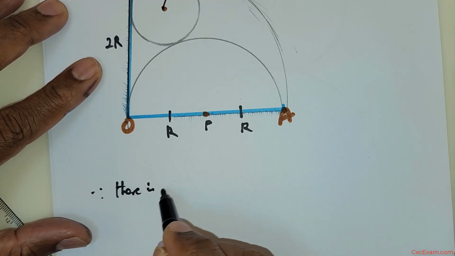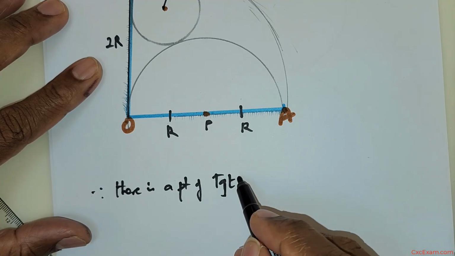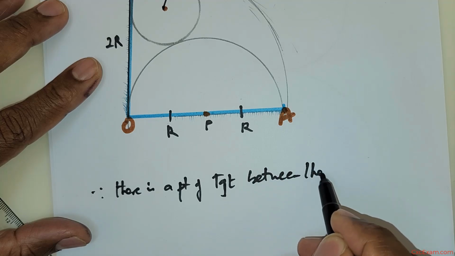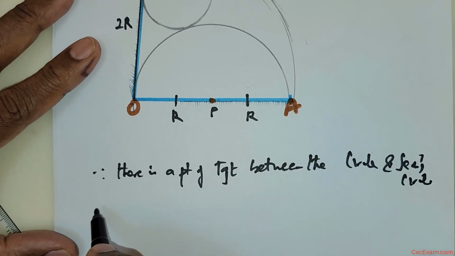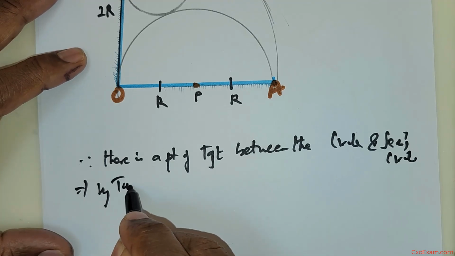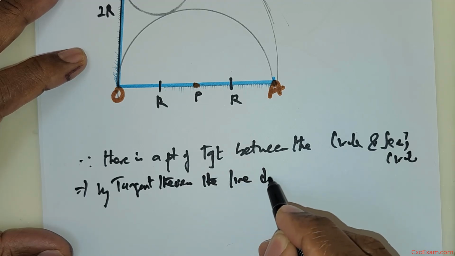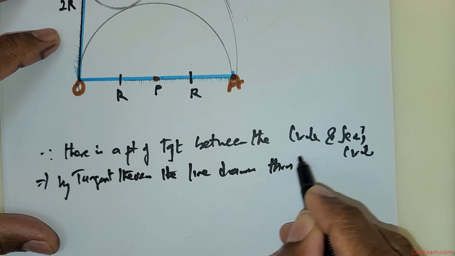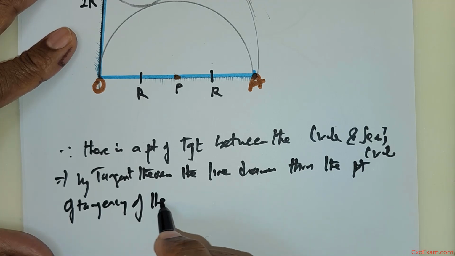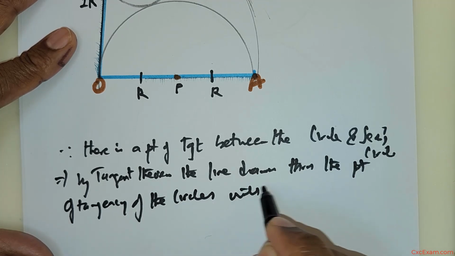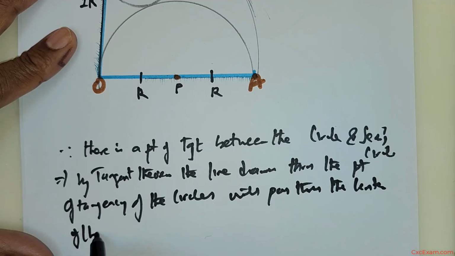Since there is a point of tangency between the circle and semicircle, by the tangent theorem, the line drawn through the point of tangency of the circles will pass through the center of the circles.